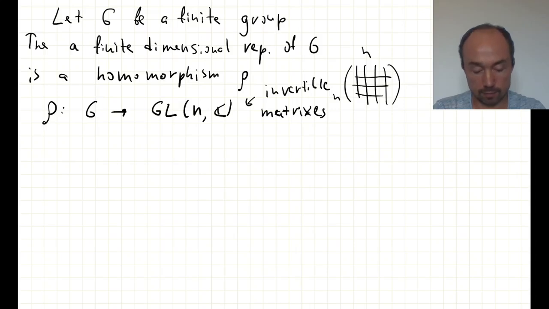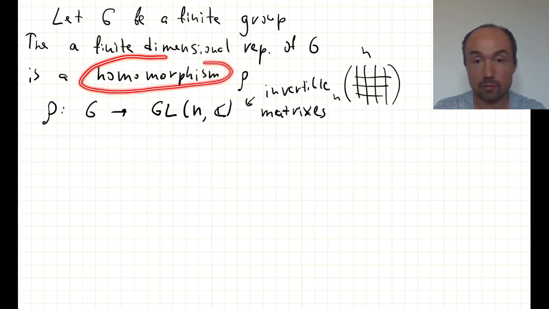Maybe some of you forgot the meaning of homomorphism.